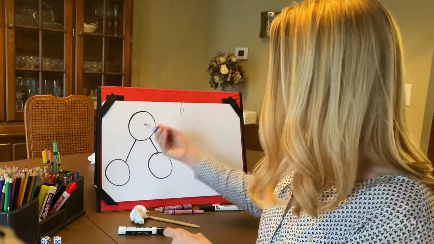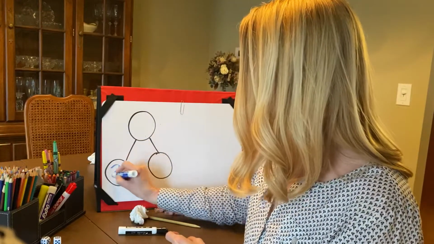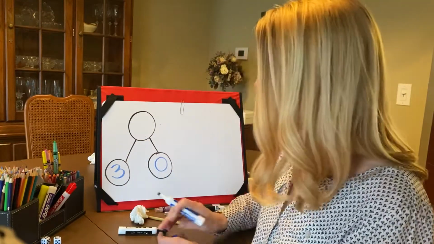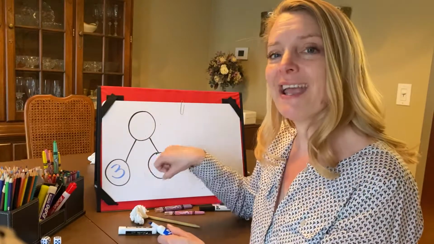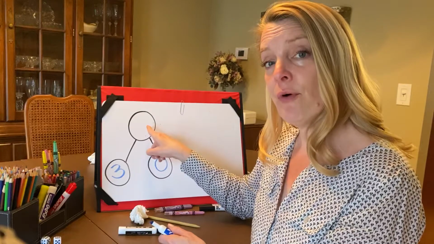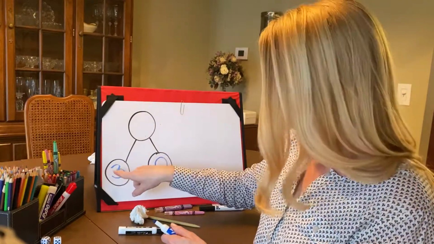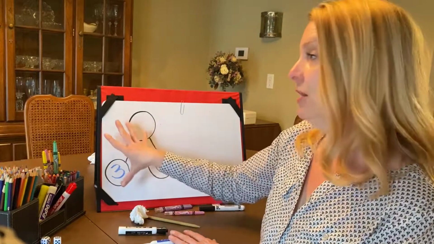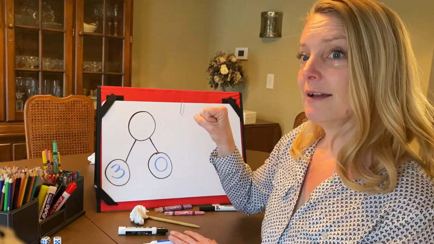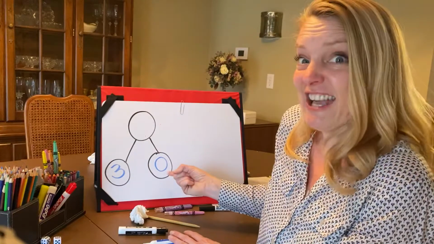Okay. If I have a 3 in the part and a 0 in the other part, you know that I'm going to grab the part and count on to figure out the whole, because a number bond is the part plus the part equals the whole. So let's grab the 3 and count on. 3, there's nothing to count on.